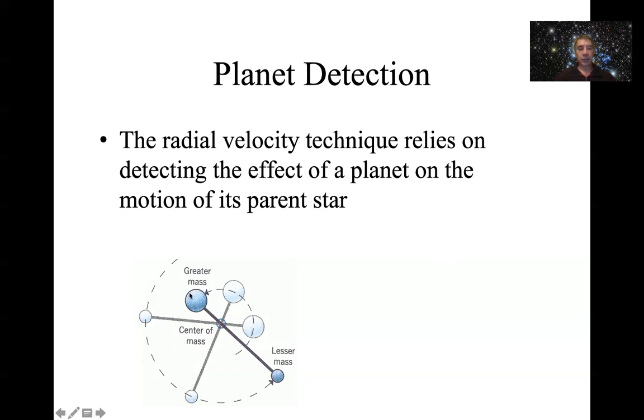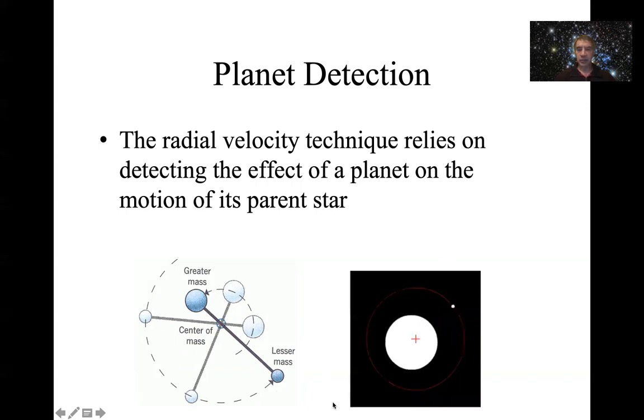You look for the motion of the star around the center of mass because of a planetary body in orbit around the star. We can see that in action on this little schematic here, on an exaggerated scale.